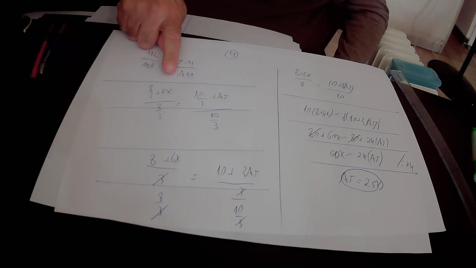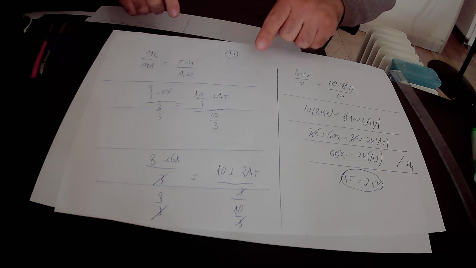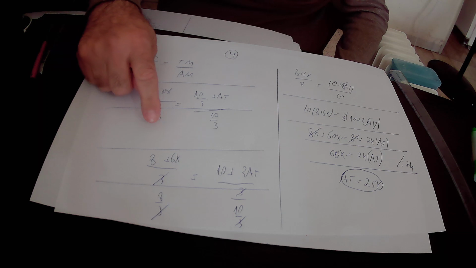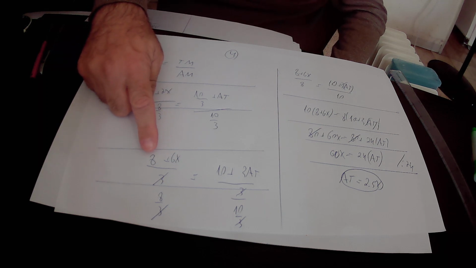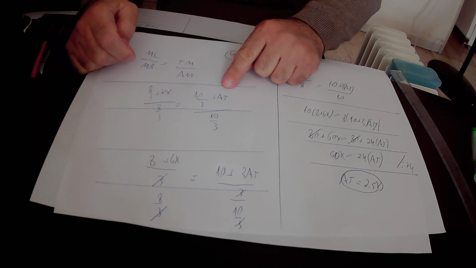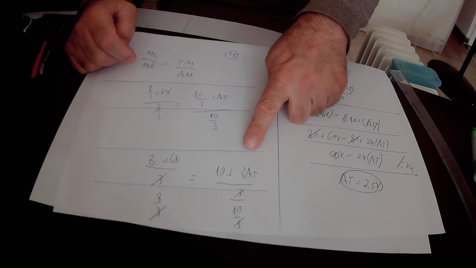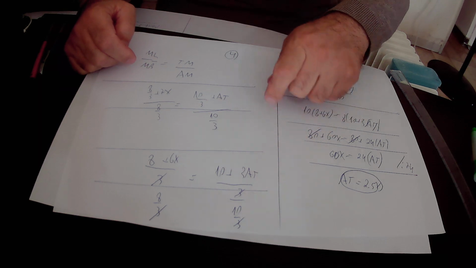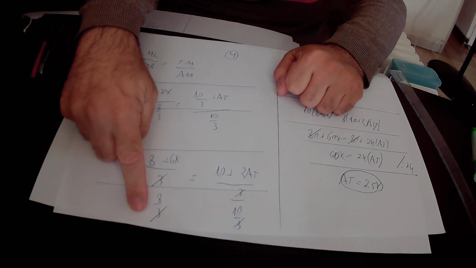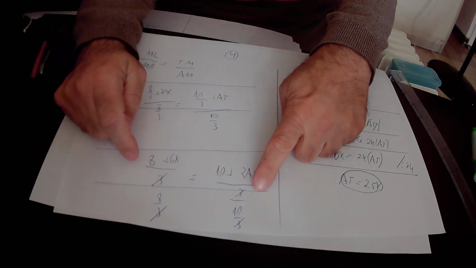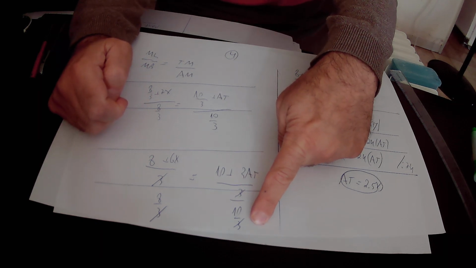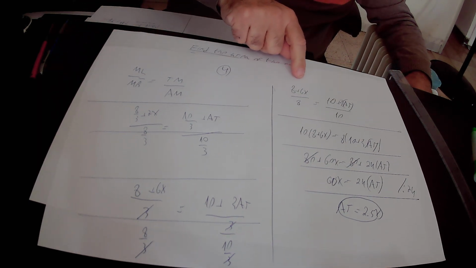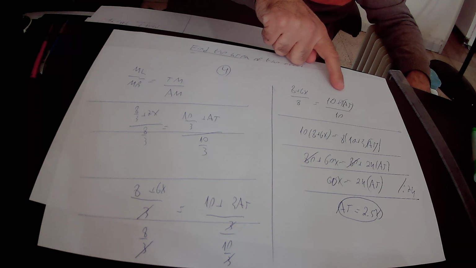Then we multiplied 2x by 3 and then divided by 3, multiplied 80 by 3 and then divided by 3. 2x times 3 is 6x, so we have 8 plus 6x over 3, over 8 over 3, and 80 times 3 is 380, plus 10 over 3, over 10 over 3. So we have 3 in the numerator and 3 in the denominator, so 3 will get cancelled. We have 3 in the numerator and 3 in the denominator, so 3 will also get cancelled. And finally we found out that 8 plus 6x over 8 equals 10 plus 380 over 10.